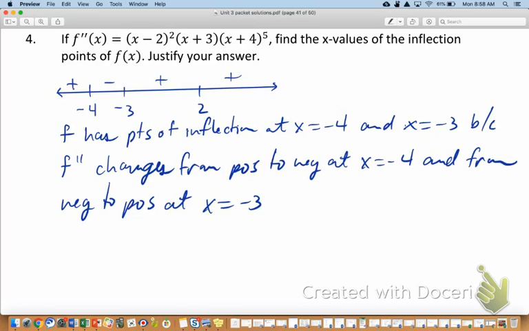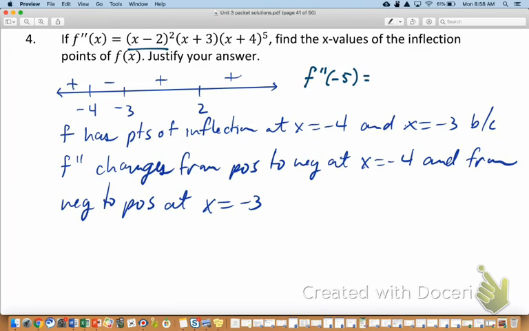Kaylin, your question? I messed up the sign chart and I don't know why. Okay, so what number did you plug in to test? -5. Okay, let's start right there. So f double prime of -5, and I'm just going to think about this as pluses and minuses. I'm not going to worry about the specific numbers at this point.